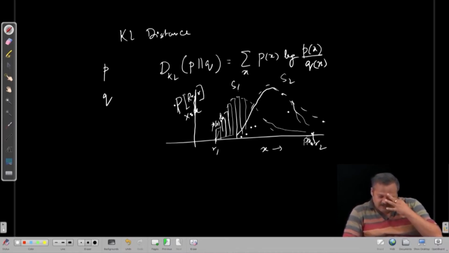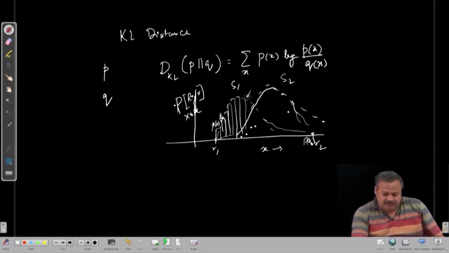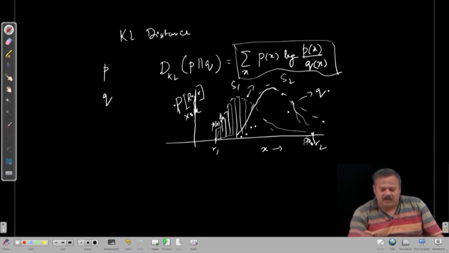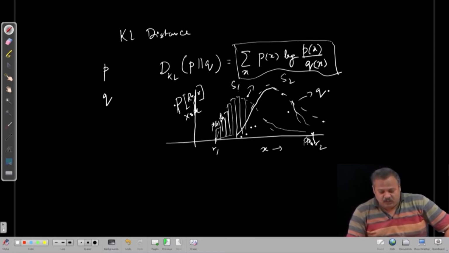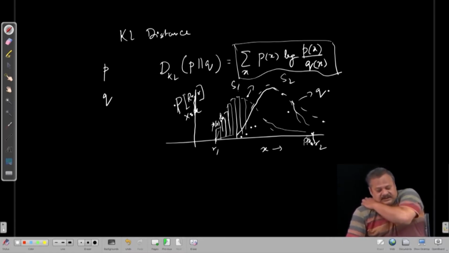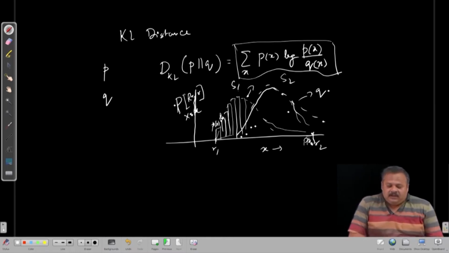This one is P, this one is Q, and we simply use this measure of KL distance by summing over all the different bins. We get a distance between the two distributions, and as the distance increases, the more is the discriminability between the two stimuli.